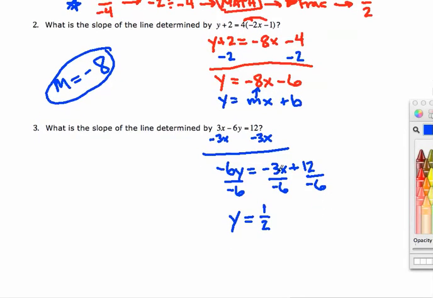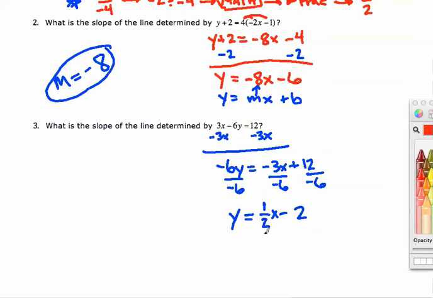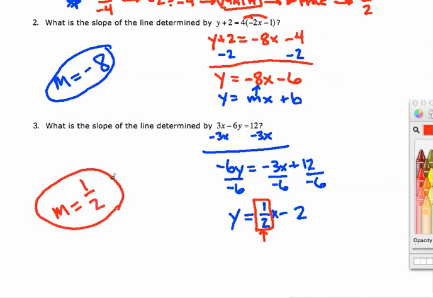And then 12 divided by negative 6 is minus 2. Don't forget to write your x like I almost did there. Then we know this is our m right here. So our answer here is m equals 1/2. There's no x here, it's just 1/2. That's about it for level 2. If you have any questions, let me know.